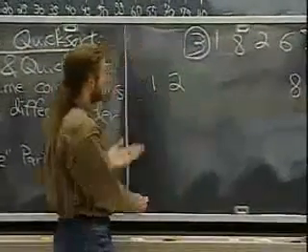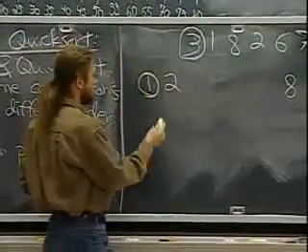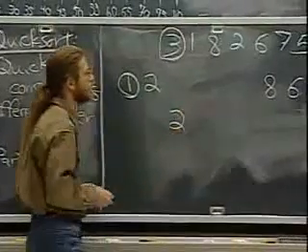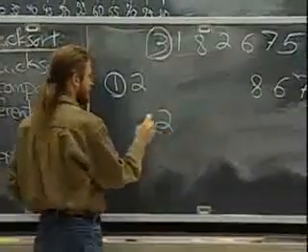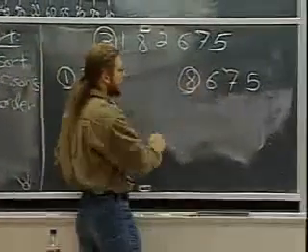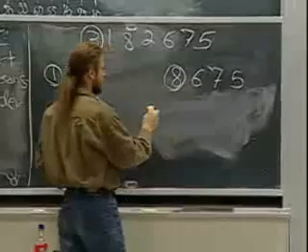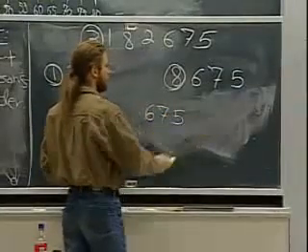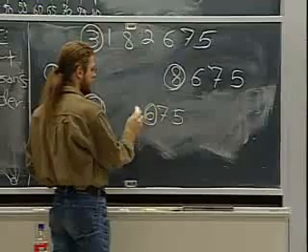Okay, then on the left recursion, we split on the partition element. There's things less than 1, which is nothing, things bigger than 1, which is 2, and then that's our partition element, we're done. Over here, we partition on 8. Everything is less than 8, so we get 6, 7, 5, nothing on the right. Then we partition at 6.